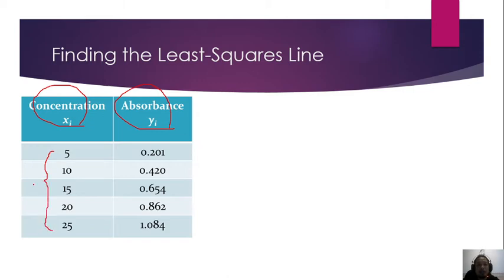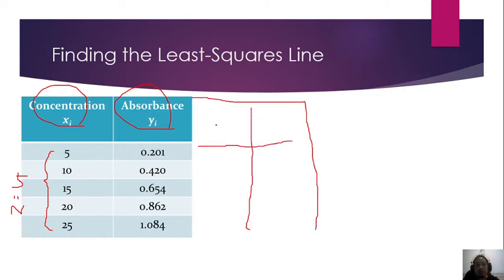Kamu dapat lihat ada 5 data, dan 5 data adalah mewakili simbol nilai N. Next, from these two set of data, kamu akan create another 2 data, which is X kuasa 2 dan juga X darab dengan Y. Kamu akan guna 5 tadi juga.